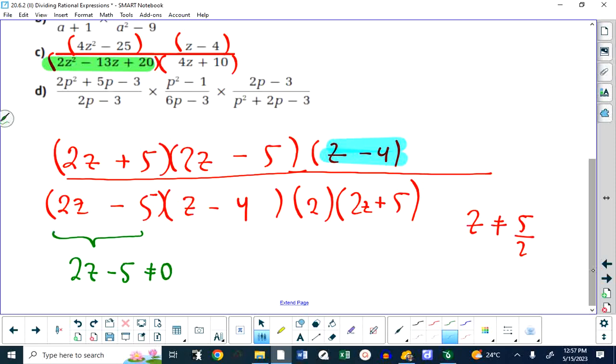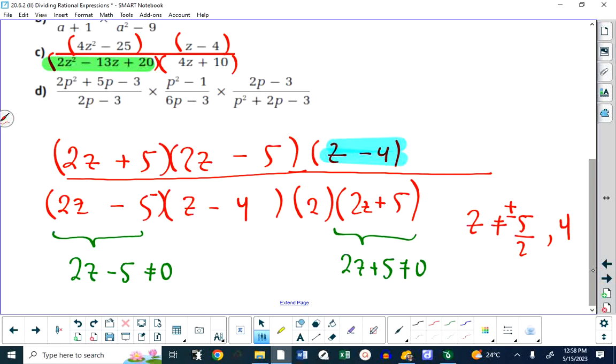And you're solving that equation to get this statement. I hope you see that if we do the same thing here, you're going to get negative 5 halves. So let's just be economical with what we write. And I don't think I really need to explain why z is not equal to 4.